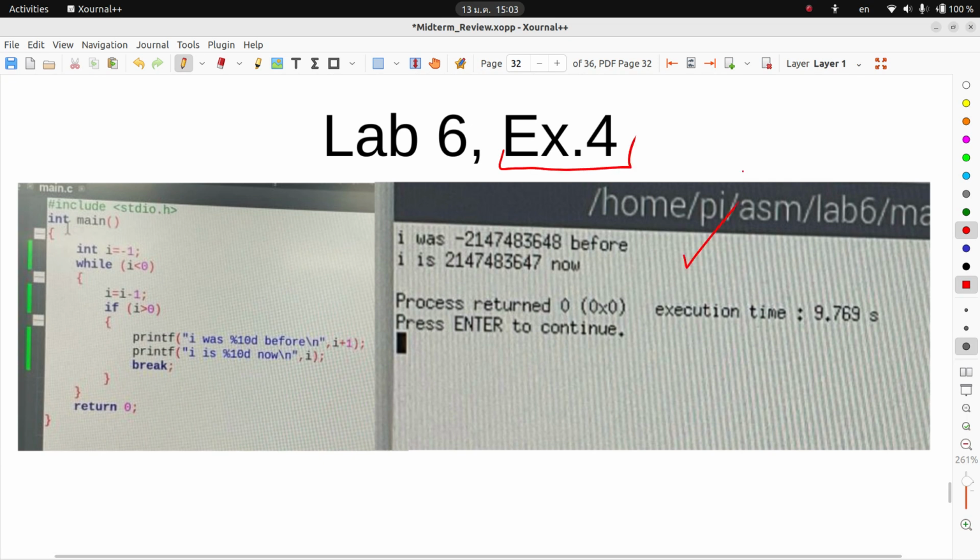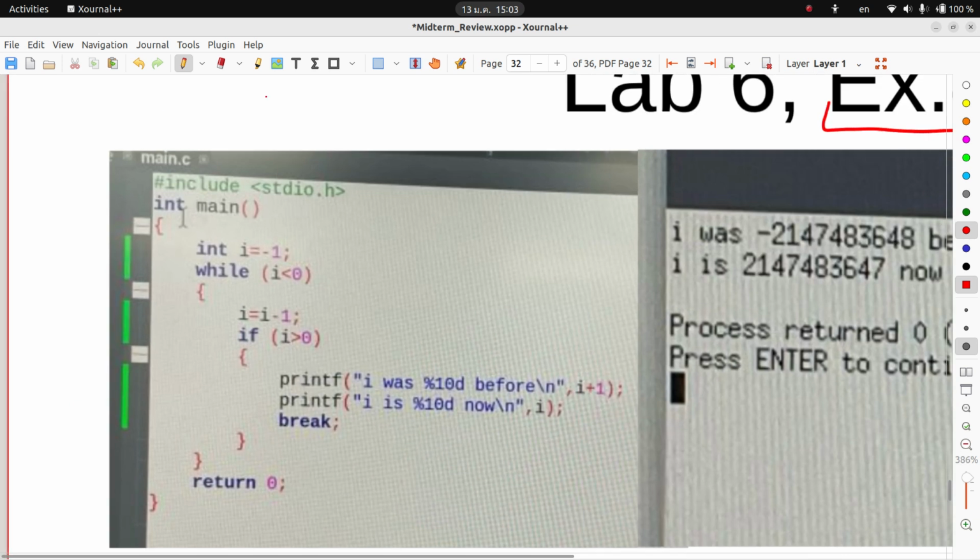This is correct. Because the exercise told you to start from -1 and keep looping until I becomes greater than 0, I become positive.